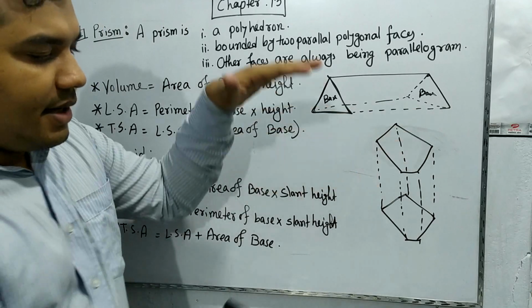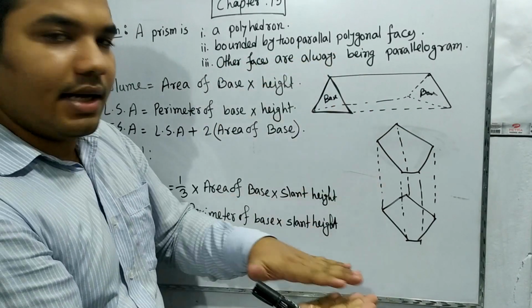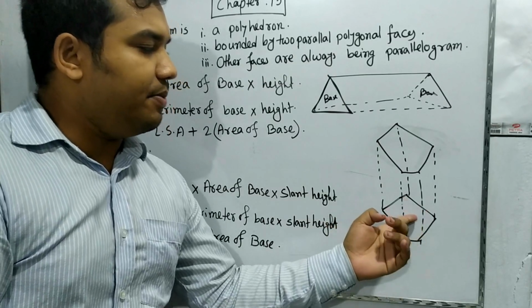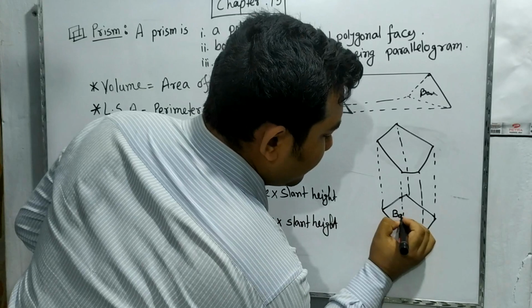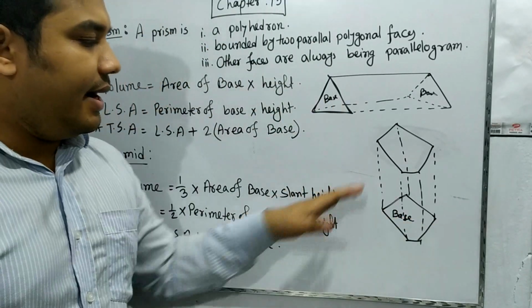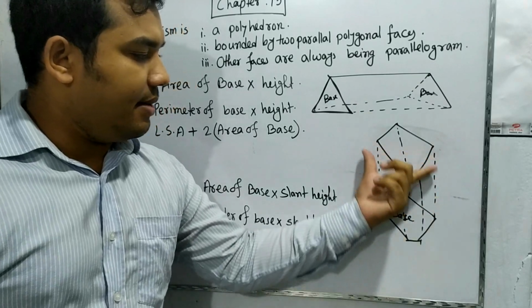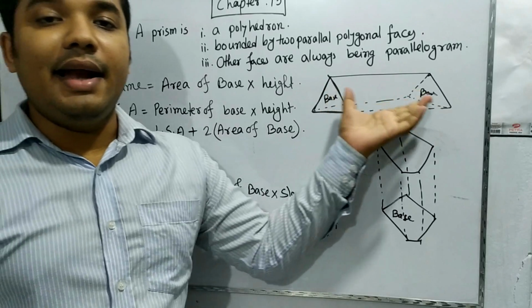So this looks like this part. Here is one surface and here is the other surface. This one is the base, and this one is the top. This is the base part, and the other part, the inner part of this, is generally called the lateral part.